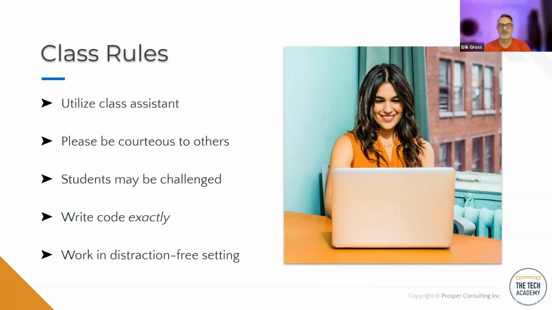Please make sure you're in a distraction-free environment and you can focus on the class so I don't lose you. I like to help people get as much as possible out of these classes. With that said, if you get lost or you can't keep up with the coding, don't worry about it. Stick around and pay close attention because you'll still learn a lot, even if you don't end up being able to type out every little bit of code that we go over.